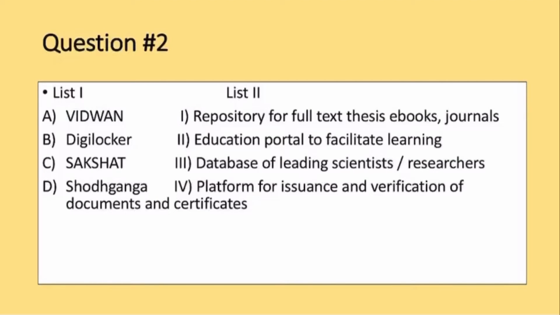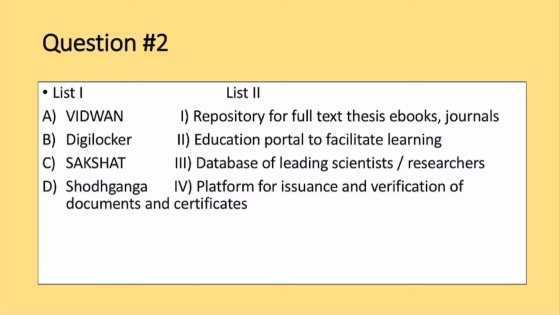Second question, there are two lists given here, list 1 and list 2. List 1 is about the digital initiatives and list 2 gives a description of these initiatives. A. Vidwan, B. DigiLocker, C. Sakshat and D. Shodhganga. Vidwan, we know it's a database of faculty members, researchers and scientists at premier institutions of India.